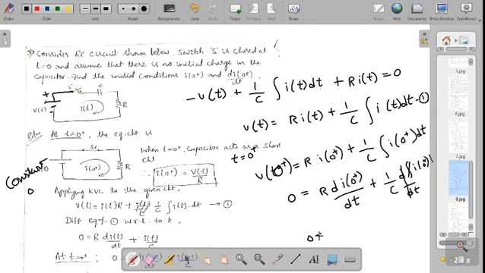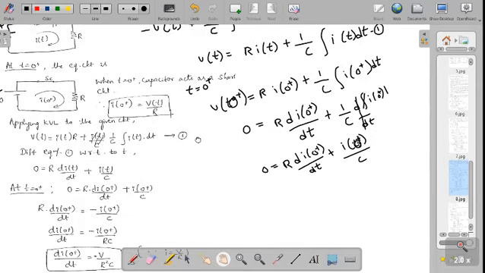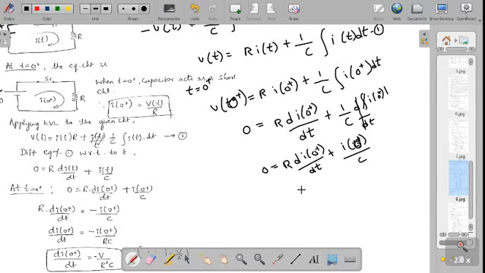So what is being left? 0 equals R into the first derivative of current, plus I of 0 plus divided by C. Now, di of 0 plus divided by dt will be equal to minus I of 0 plus divided by R into C.